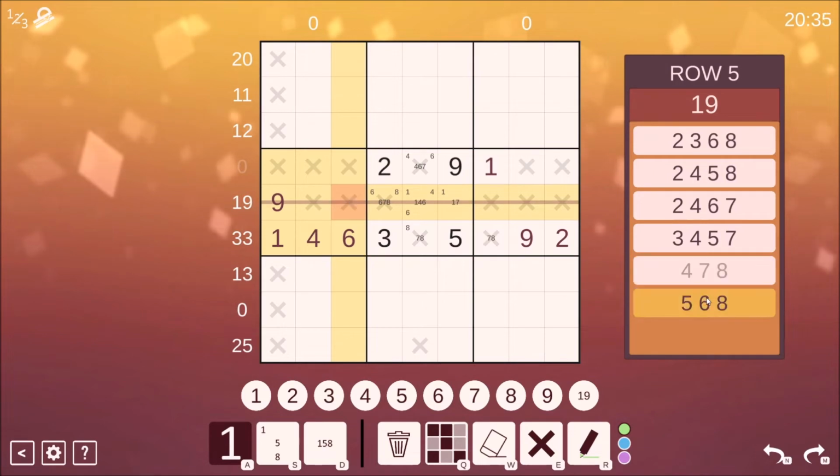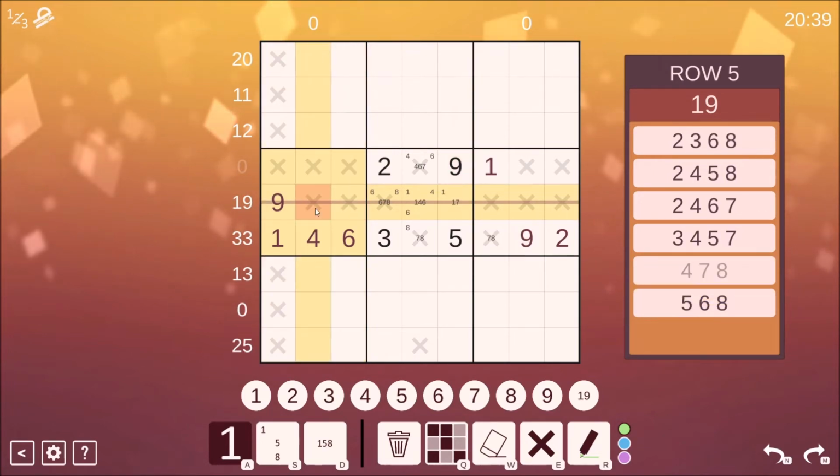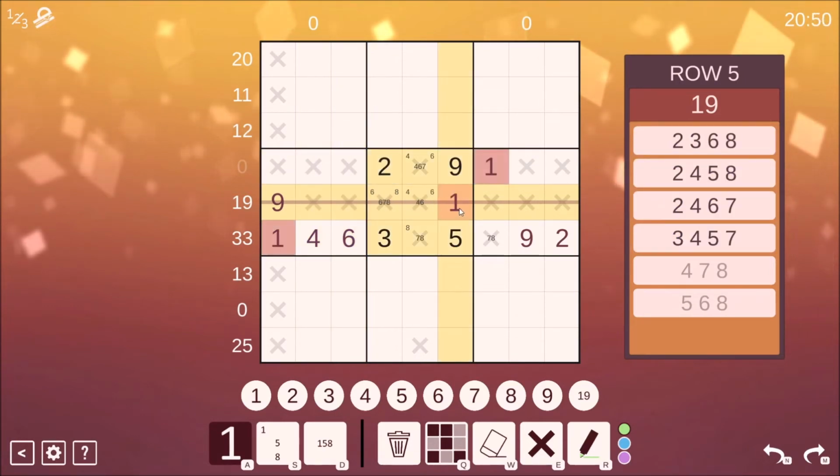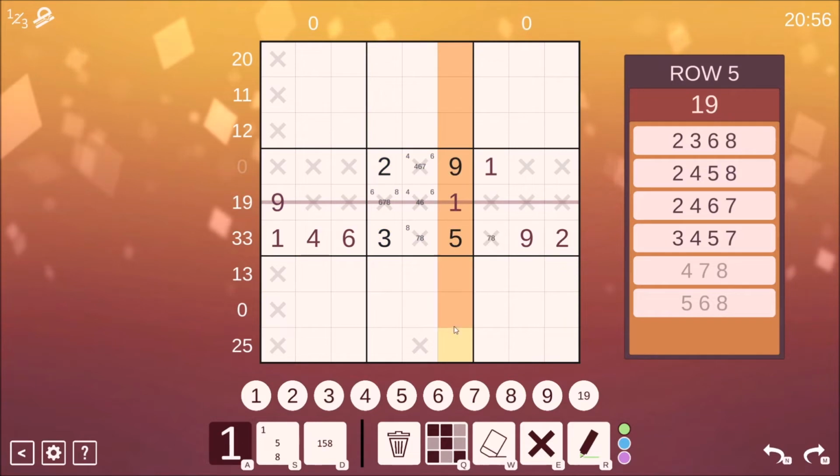So we'd have to place the 8 to separate the 5 and the 6. But a 5 and a 6 are both blocked here. The 5 by the 4 and the 6 by the 6. So now we know this has to be a length of 4 in the middle. And we can place a 1 right here. And we can block the 1, 9 positions in that column.